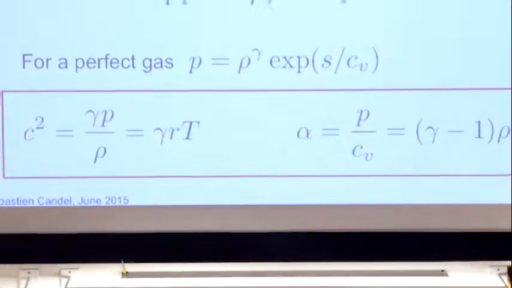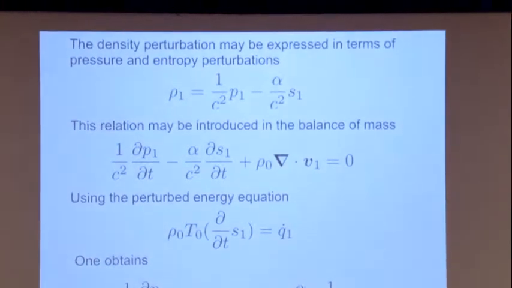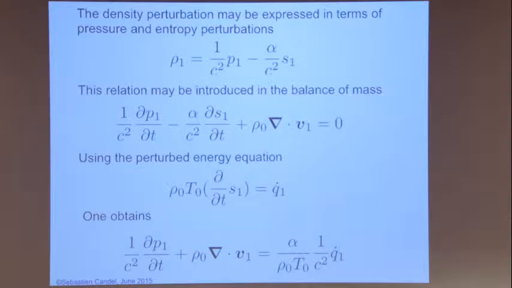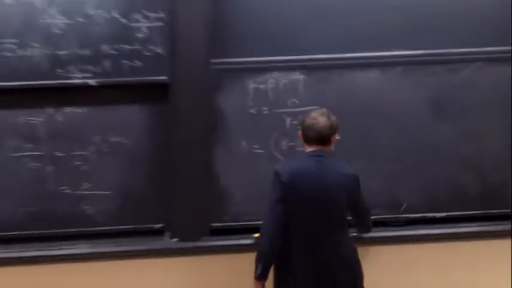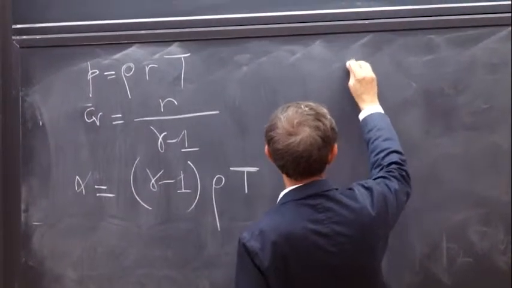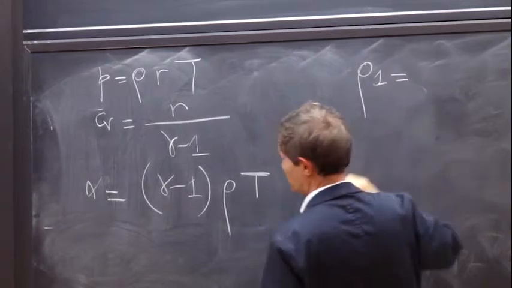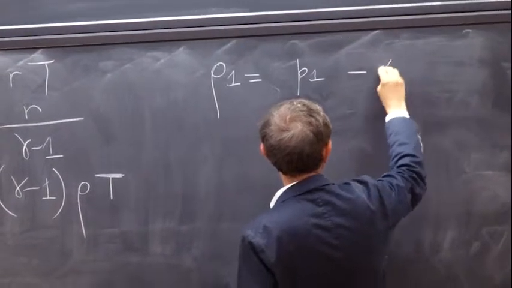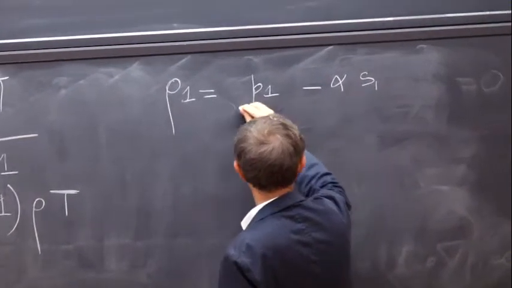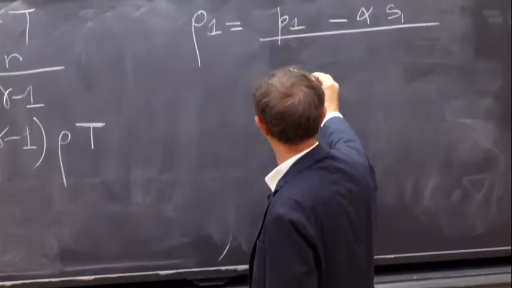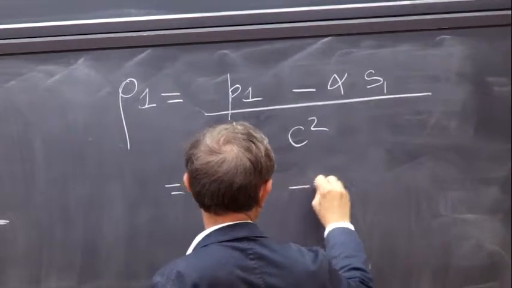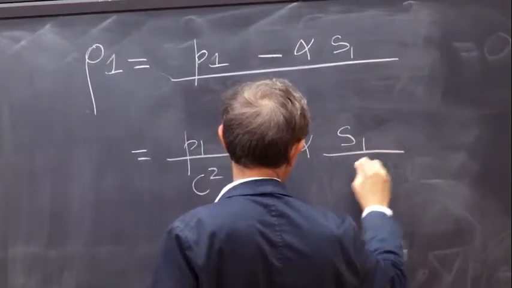So you see the rho 1. Now the change here is that if we want to eliminate rho 1, we have to write rho 1 equal to P1 divided by c squared minus alpha S1 divided by c squared.